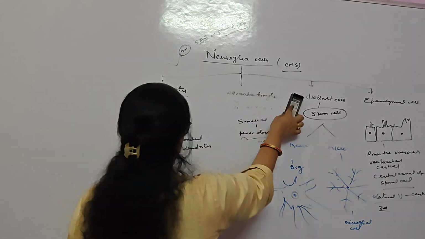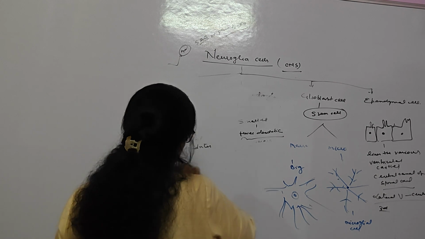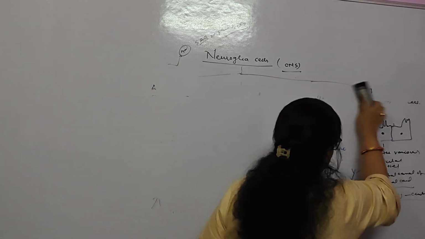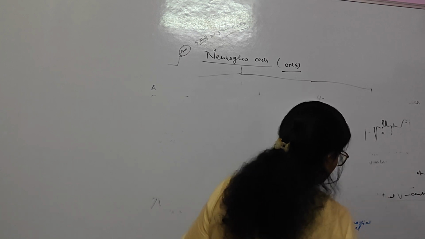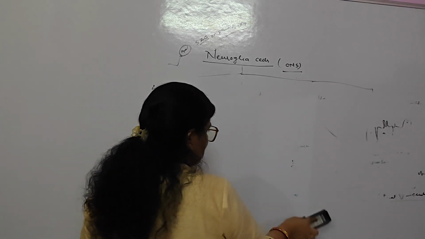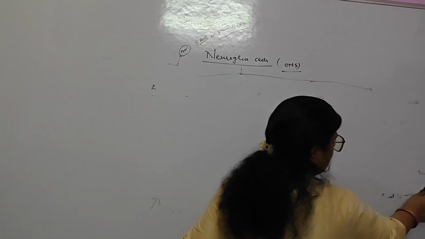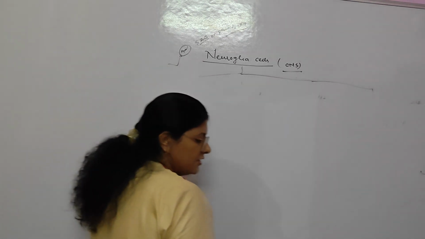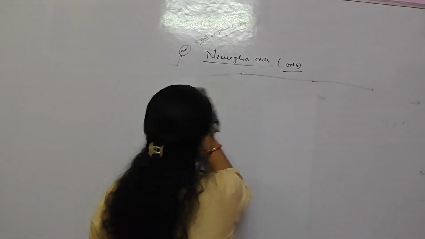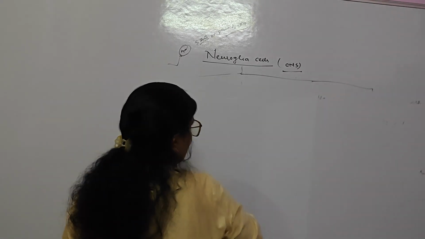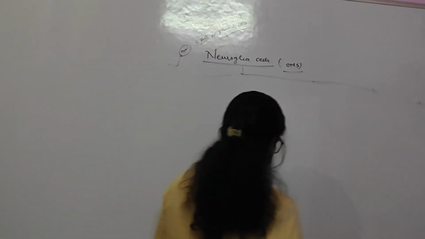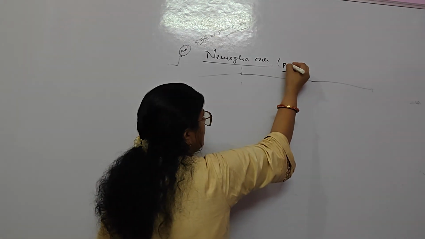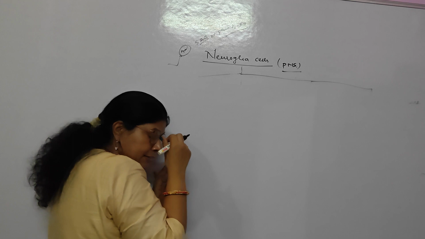Now coming to the peripheral nervous system, it's very simple, only two types of cells are there. One is satellite cells and the other is Schwann cells. Schwann cells, as you know, cause myelination in the peripheral nerves. Now I will write it as PNS, peripheral nervous system.